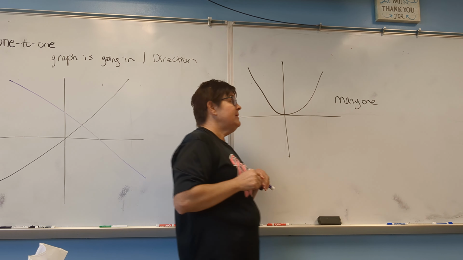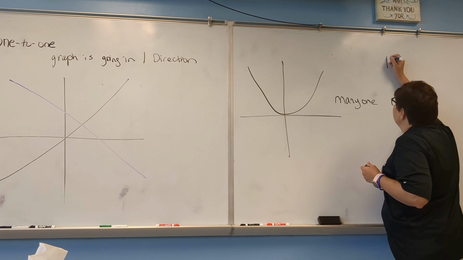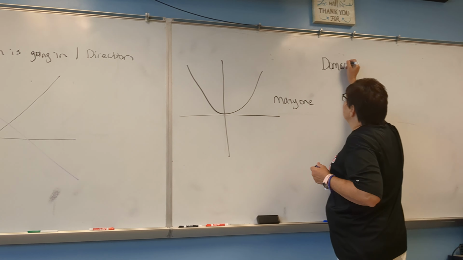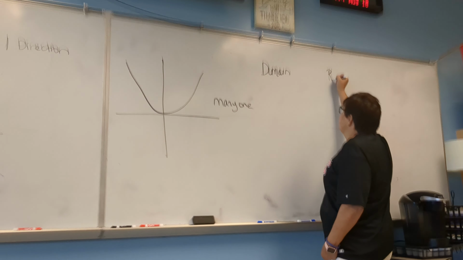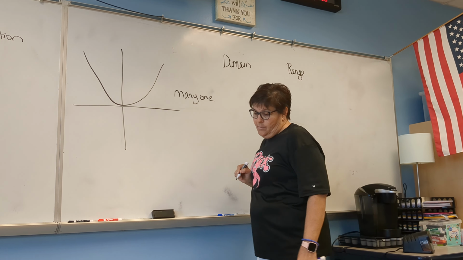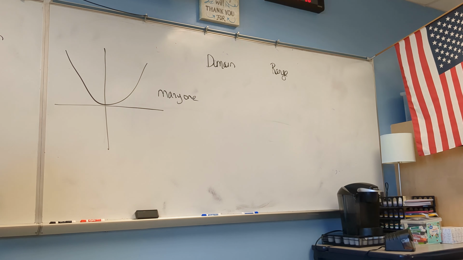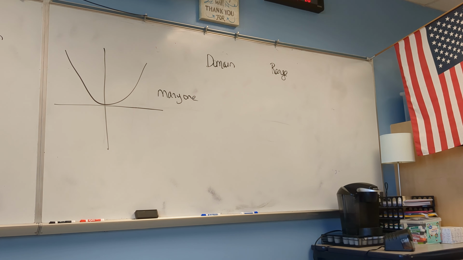So, this brings me to talk about the most exciting part. I say that with reservations because it's really not the most exciting part. We have to talk about domain and range. A lot of times teachers just kind of skirt over domain and range because it's not as fun as it could be. But I think I can make it okay.